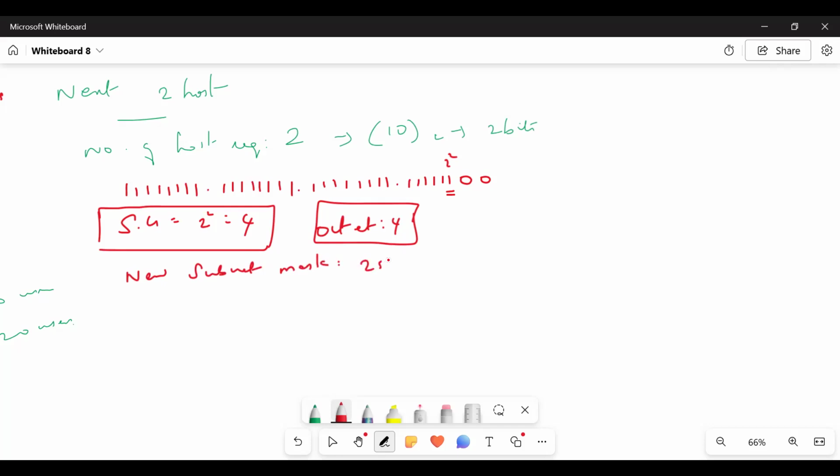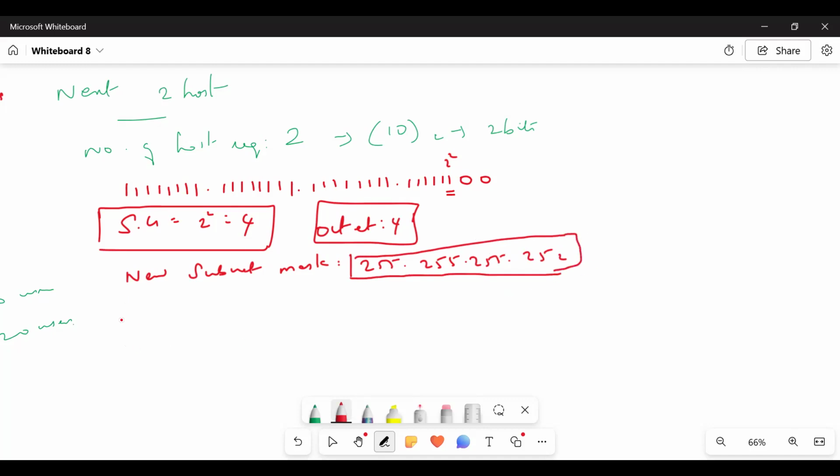New subnet mask is 255.255.255.252. So this is the new subnet mask for the host 2.